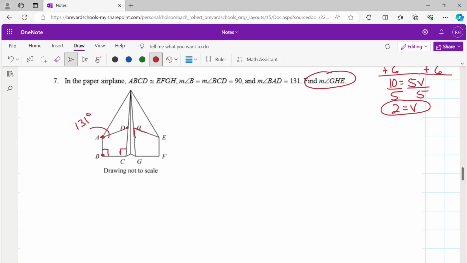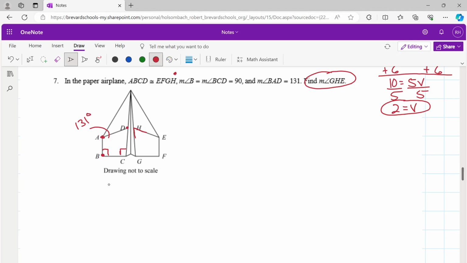It's this angle H. And angle H is the fourth letter in the description, and the fourth letter in the first description is angle D. So H and D are congruent. Agreed? Angle H and angle D are congruent, and you're trying to find angle H.